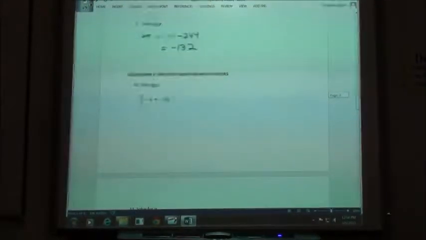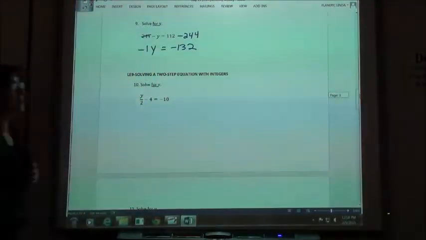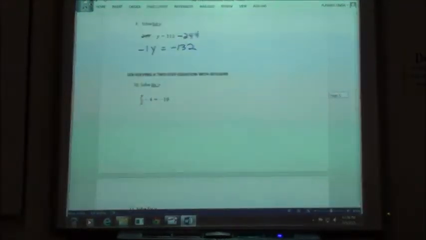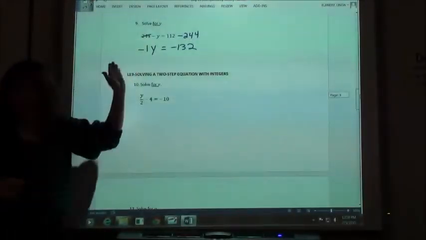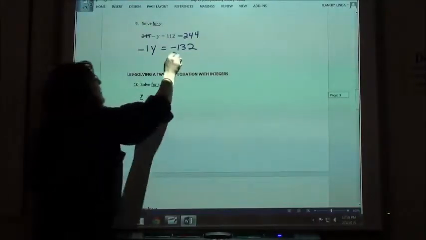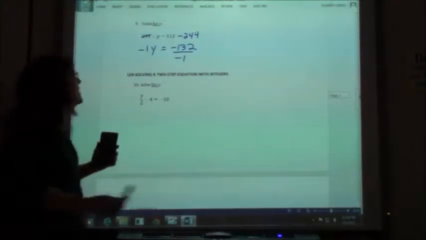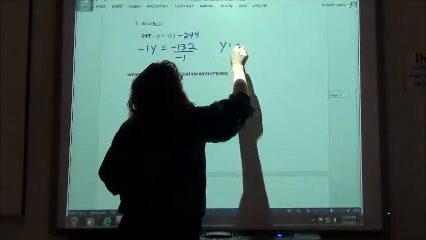Not just a y, but a negative y, or negative 1y, right? So don't forget that negative there, because that's the difference between just y and negative y. If it's a negative y, I end up having to divide by my negative 1, and my answer is a positive 132.